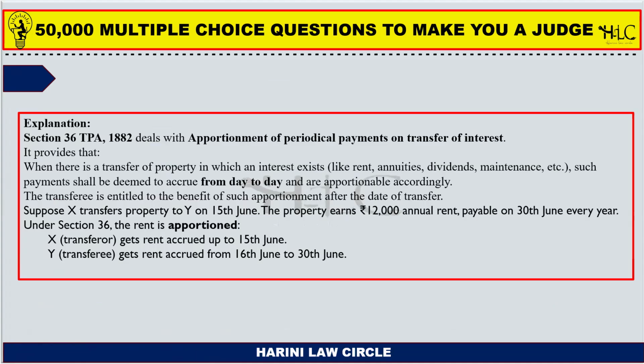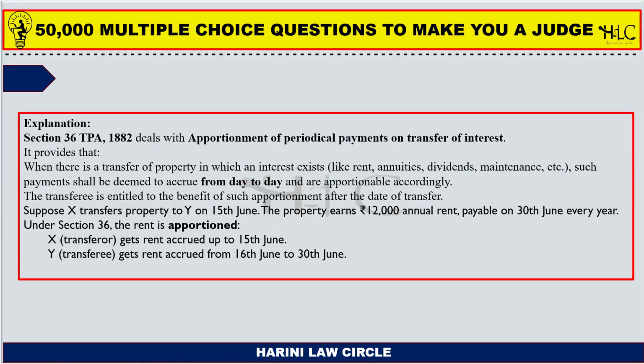So Section 36 deals with the apportionment of periodical payments on transfer of interest. It states that when there is a transfer of property in which an interest exists, so interest means something like rent or annuities or dividends or maintenance, such payments shall be deemed to accrue from day to day and are apportionable accordingly.